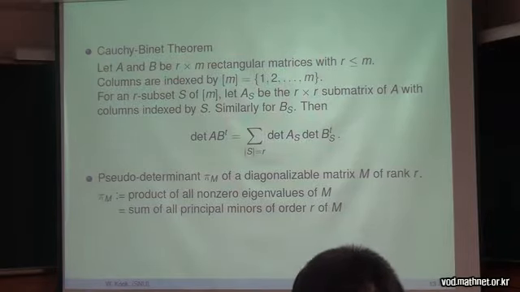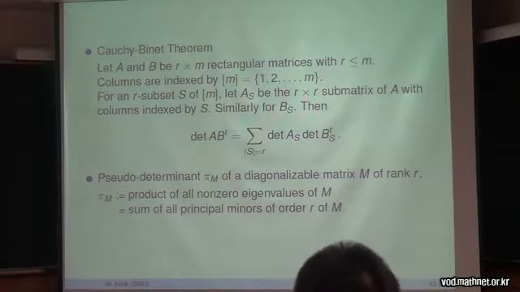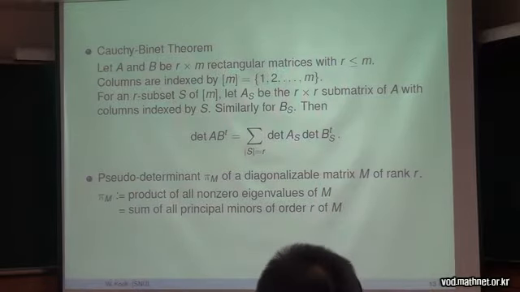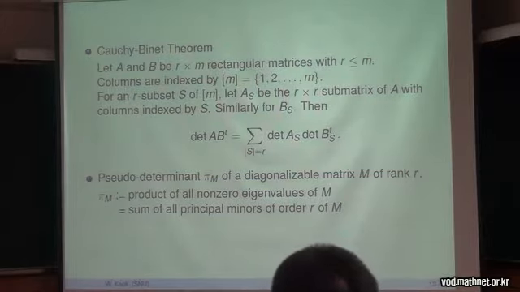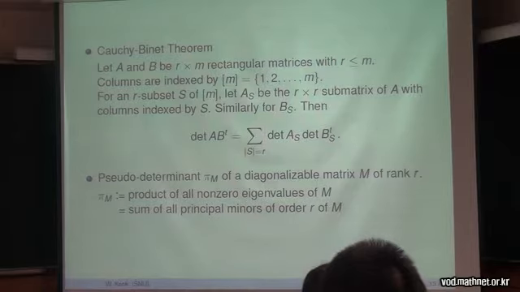Just look at the non-zero eigenvalues, and the product of those is what we refer to as the pseudo-determinant. That can also be realized as the sum of all principal minors of order R of M. In other words, you look at the submatrices of size R by R that are symmetric about the diagonal, compute the determinant and take the sum of that, and that is also equal to the pseudo-determinant of the matrix.